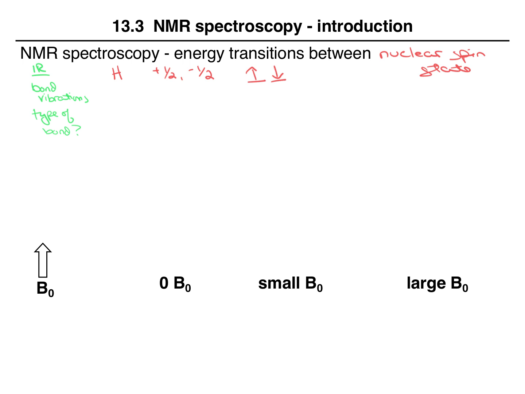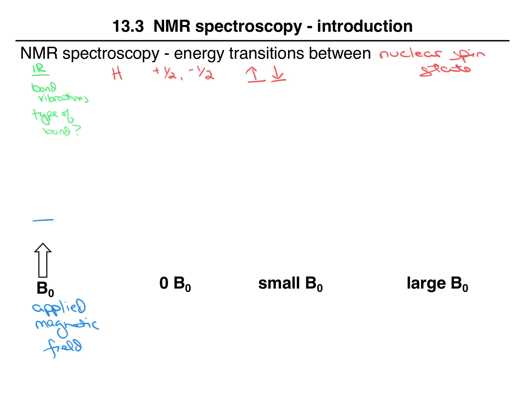However, if we take that molecule and put it in the presence of an applied magnetic field, B0 refers to an applied magnetic field, and let's say this is going in this direction. Well, now those little magnets are going to have a difference in energy.